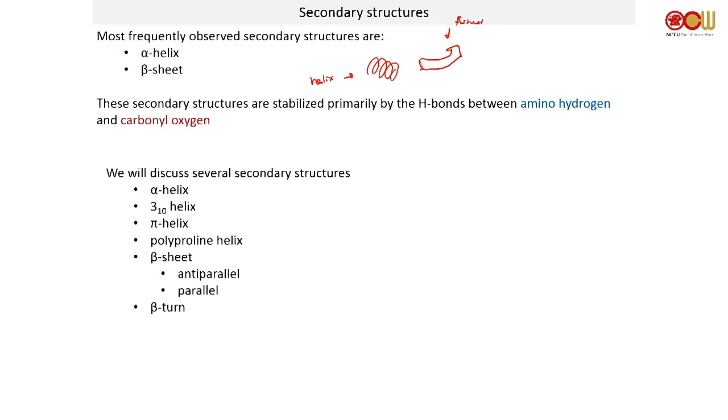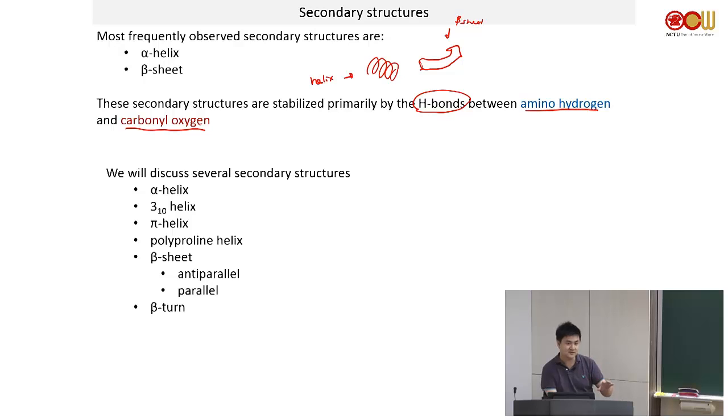These secondary structures are stabilized primarily by the hydrogen bonds between amino hydrogen and the carboxyl oxygen. Okay, so keep this in mind. All of the secondary structures that we're going to talk about are stabilized, meaning they are capable of forming this structure, primarily due to the hydrogen bonds and the regular hydrogen bond pattern between the amino hydrogen and the carboxyl oxygen.